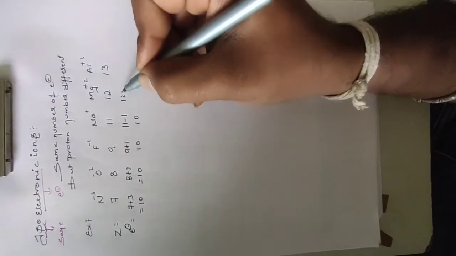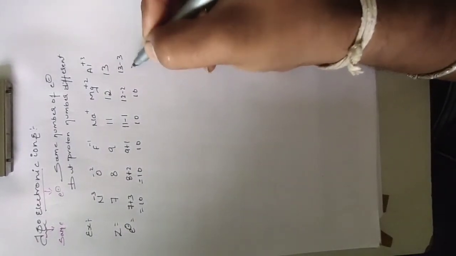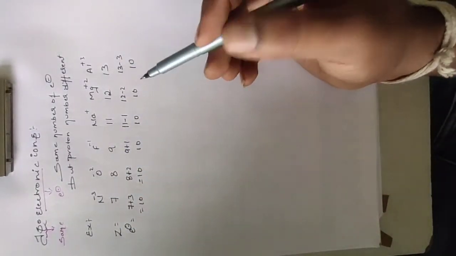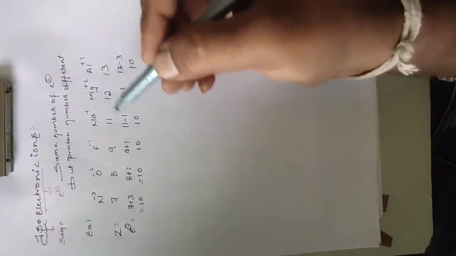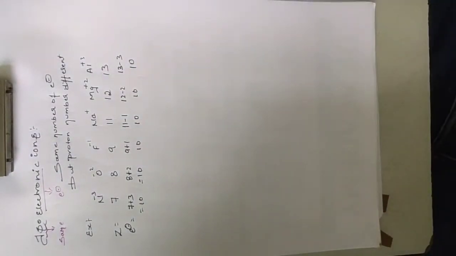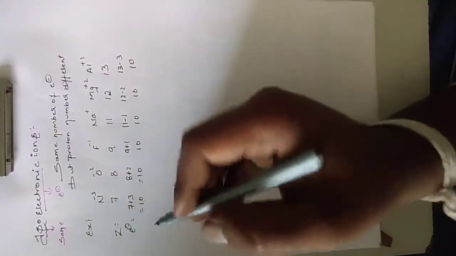Similarly, 12 minus 2, 10. 13 minus 3, 10. You see, in mathematics, if minus comes, you subtract. But in chemistry, you want to add it. It is opposite to mathematics. Do you understand this?